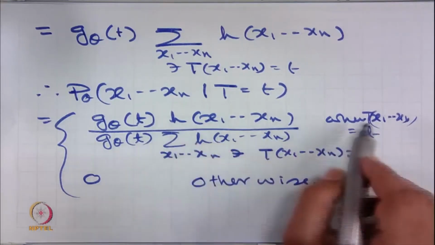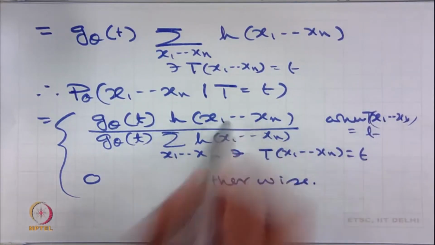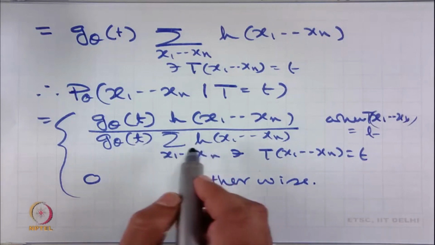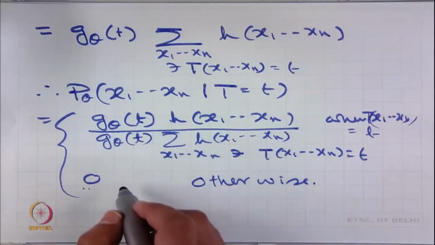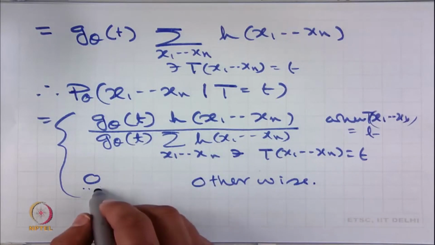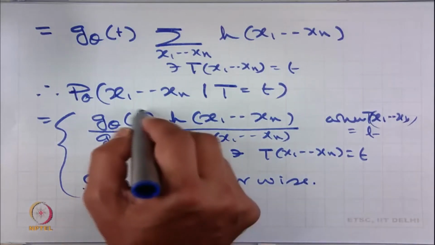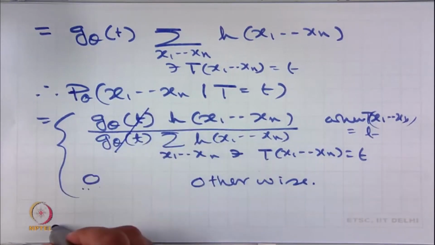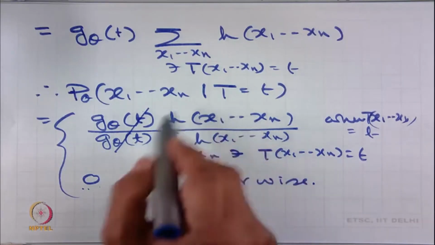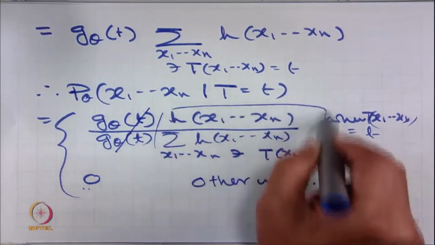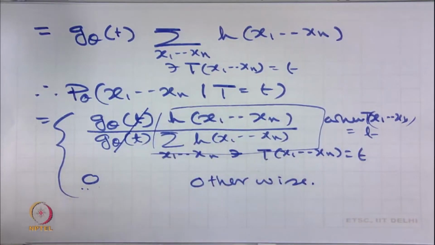That is when t of x1, x2, ..., xn is equal to t. Now, if I look at this, this is surely independent of theta, and if I look at this, this cancels out. Therefore, the term that remains is completely independent of theta.